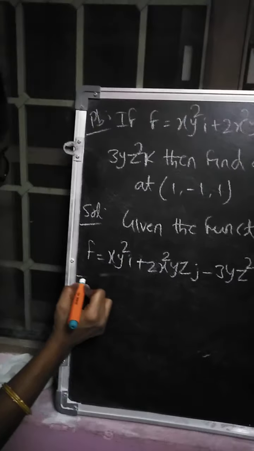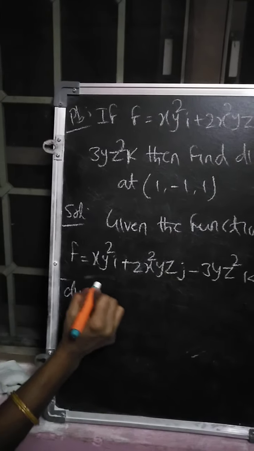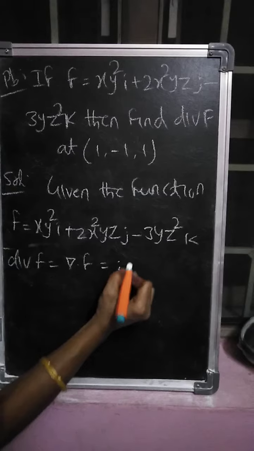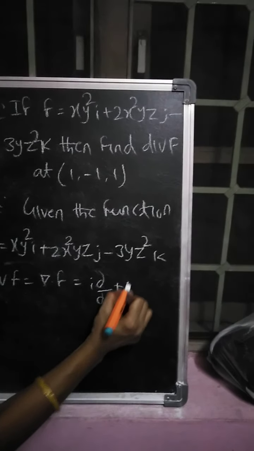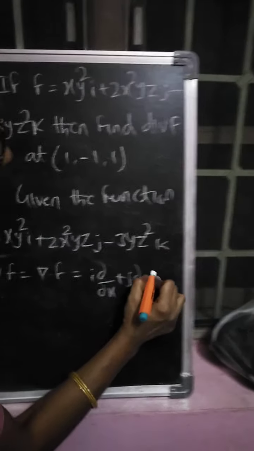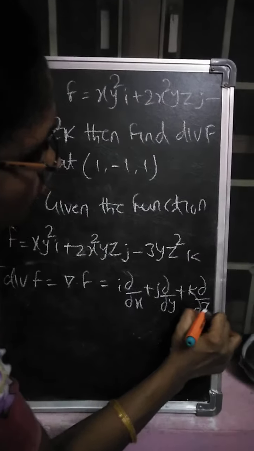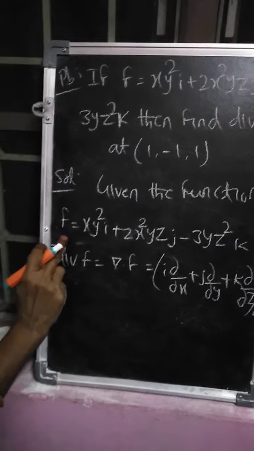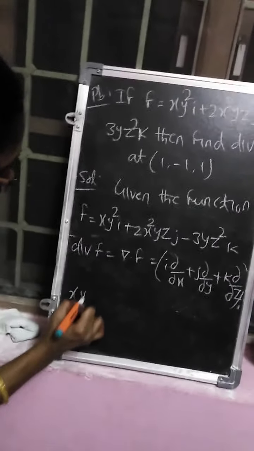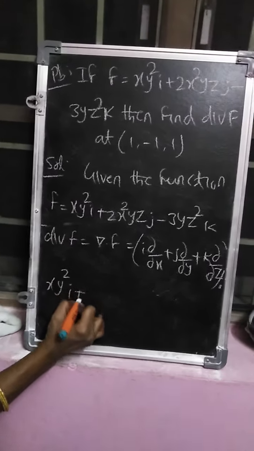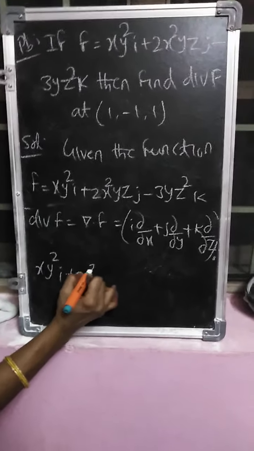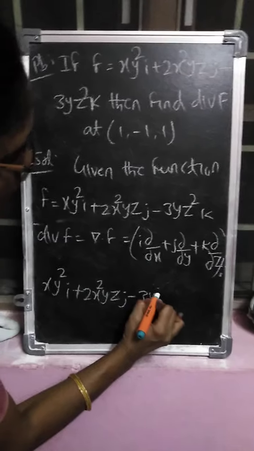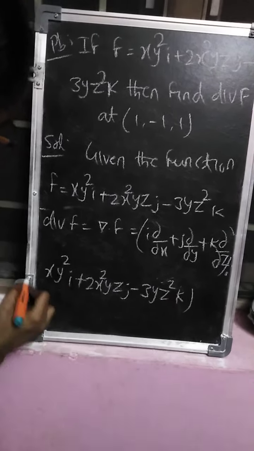Next, div f or del dot f is equal to del, meaning i dou by dou x plus j dou by dou y plus k dou by dou z, dot f.